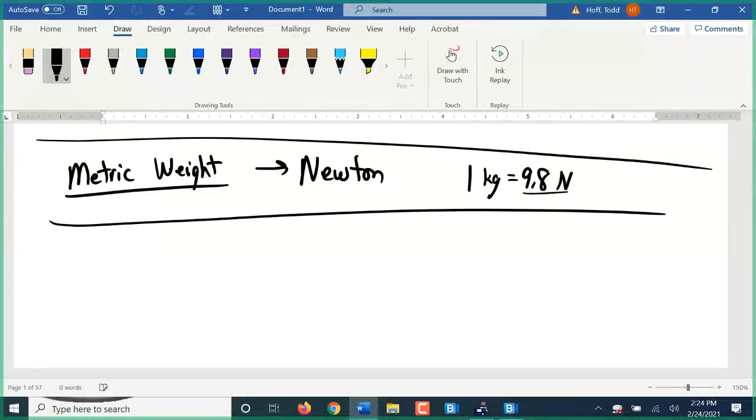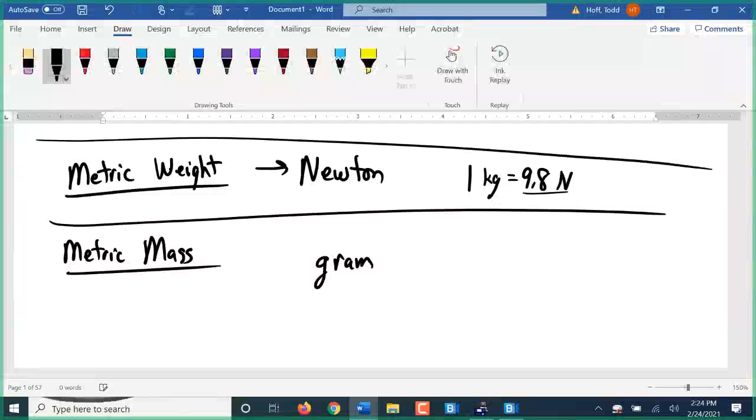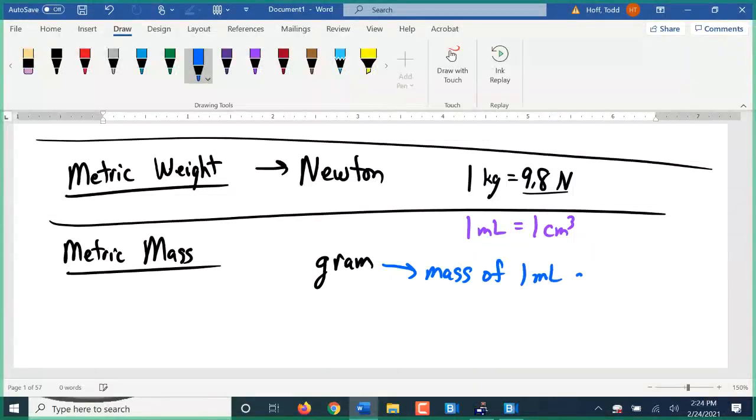But like I said, metric tends to focus on mass. And in the metric system, the unit that is defined for mass is the gram. Now, we had mentioned yesterday that they planned this system out so that the conversions were pretty nice. 1 milliliter, we said, was 1 cubic centimeter. They set those equal so that we could convert rather easily. Well, they did something very similar with the gram. The gram is defined to be the mass of 1 milliliter of water.